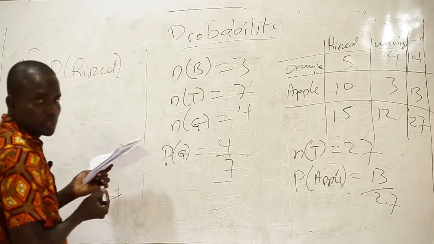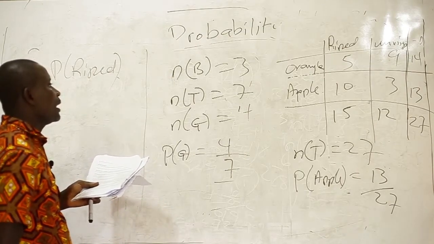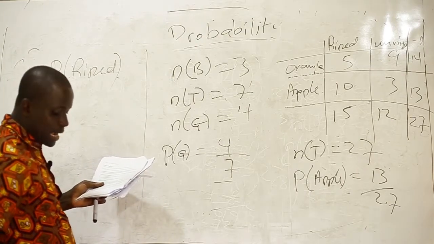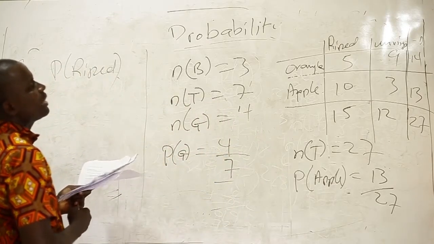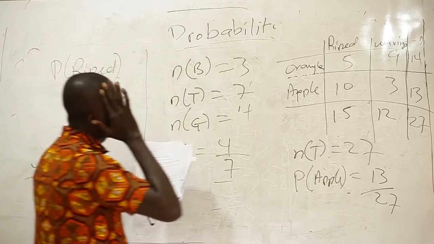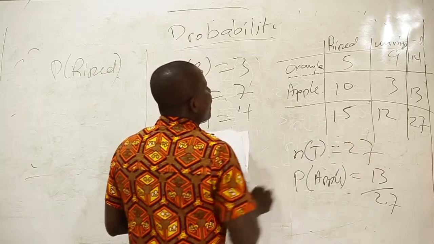P(ripe). So for P(ripe), you look at the ripe fruit. Here we didn't mention it already, but I said ripe. So if it is ripe, it means the ripe orange plus the ripe apple.